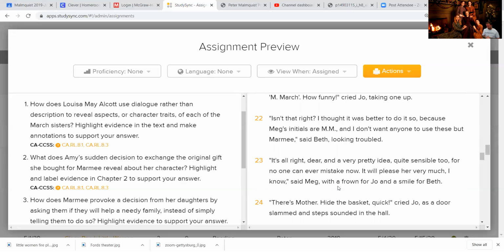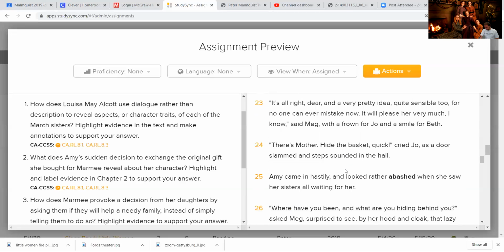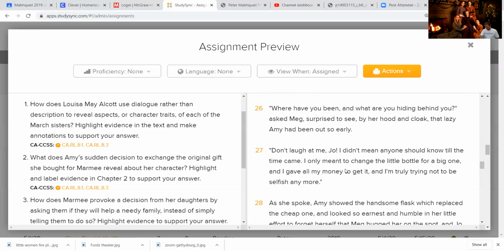She's saying it's all right, it's a very pretty idea and it's sensible. So here we're looking at how Meg seems to be considerate, okay? And that's paragraphs 22 and 23. And then finally, we've done Beth, we've done Jo, we've done Meg.